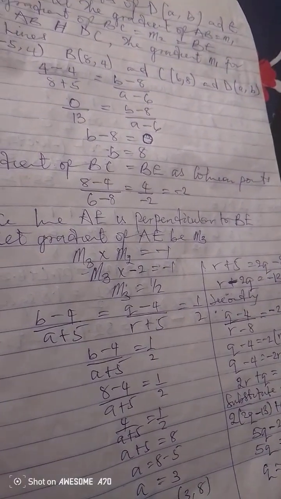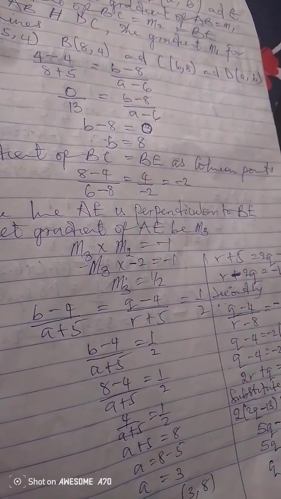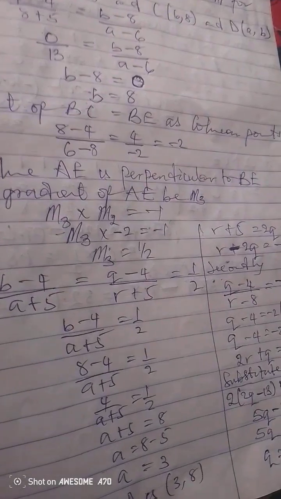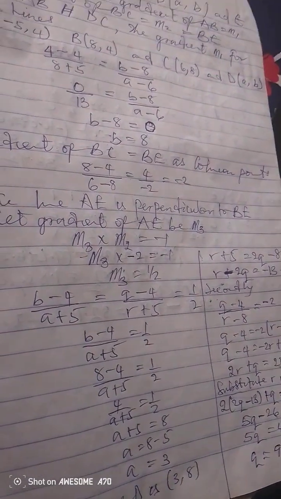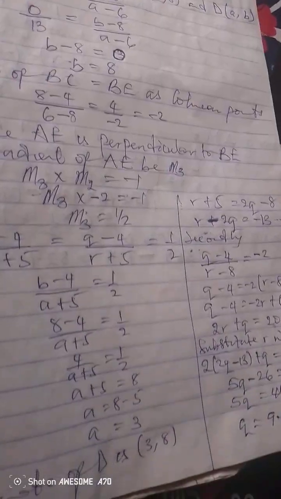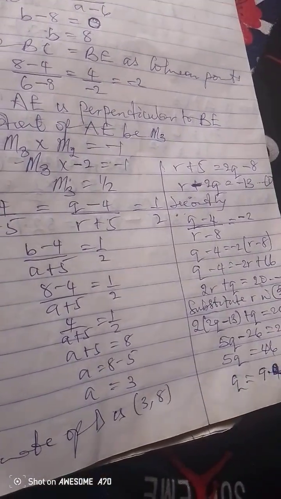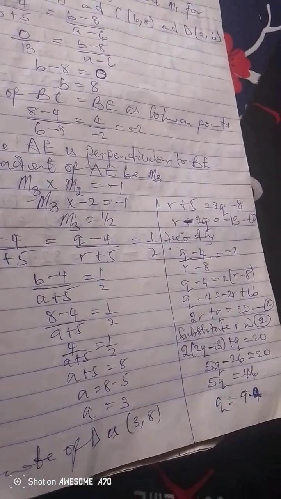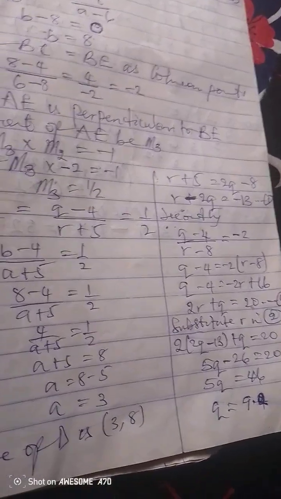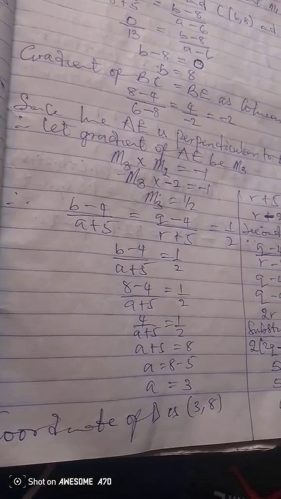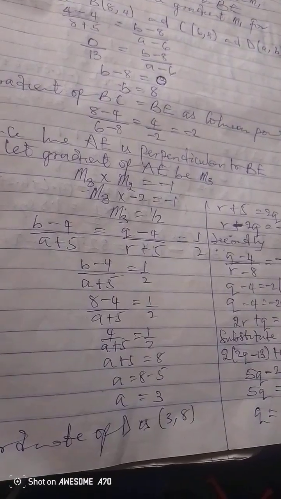So substituting the value of B as 8, we have 8 minus 4 all over A plus 5 as half. So 4 all over A plus 5 as half. So A plus 5 is equal to 8 after cross multiplying. So A is equal to 8 minus 5. So A is equal to 3. So the coordinate of the point D is 3, 8.